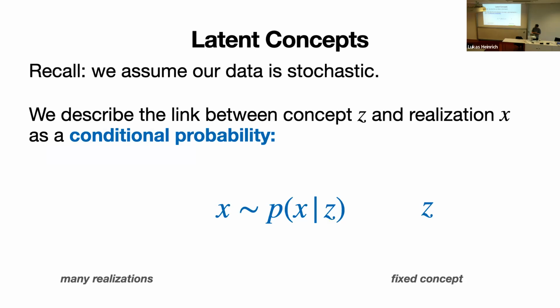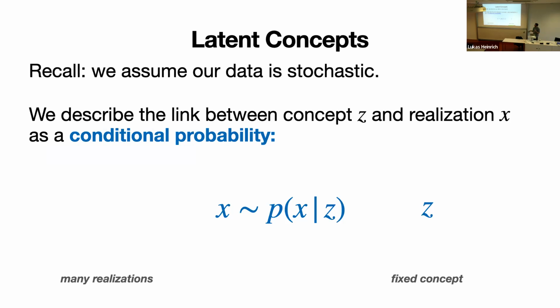So then, how do we make this more mathematical? Last week we had this entire discussion that we assumed our data is stochastic, and the idea was that we do statistical learning, and that's why empirical risk minimization involves expectation values or approximations of expectation values.